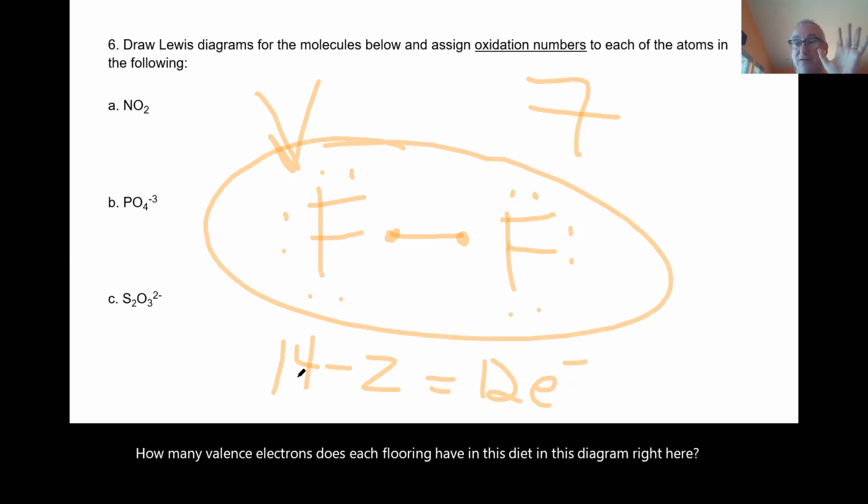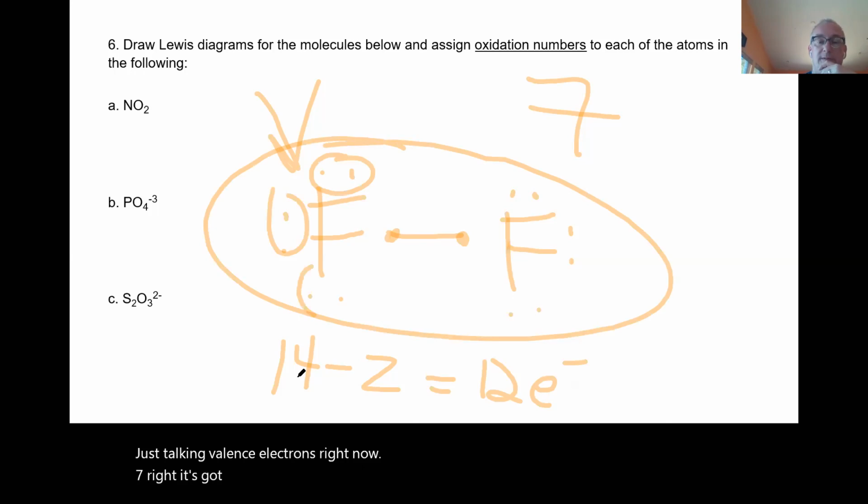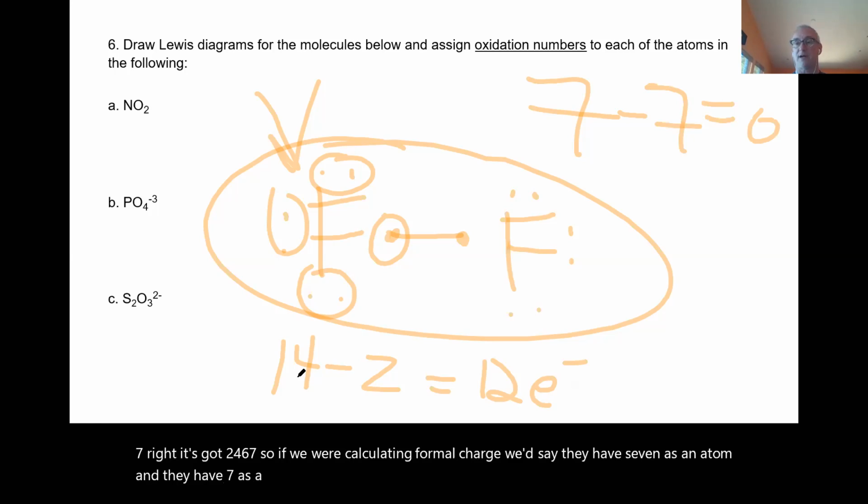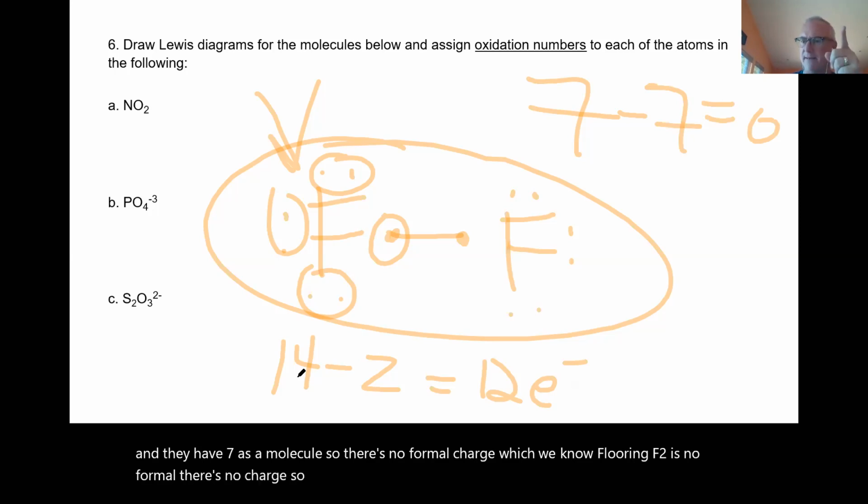Just talking valence electrons right now. 6? Mm-mm. 7, right? It's got 2, 4, 6, 7. So if we were calculating formal charge, we'd say they have 7 as an atom and they have 7 as a molecule. So there's no formal charge, which we know F2 has no charge. So that makes sense. But let's do oxidation number.